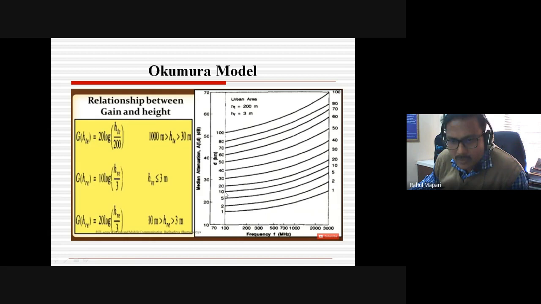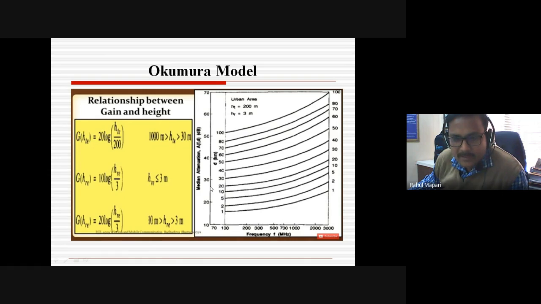On the 10 km curve, where it intersects, for example at this point, from this point you draw one horizontal line which intersects the second y-axis.